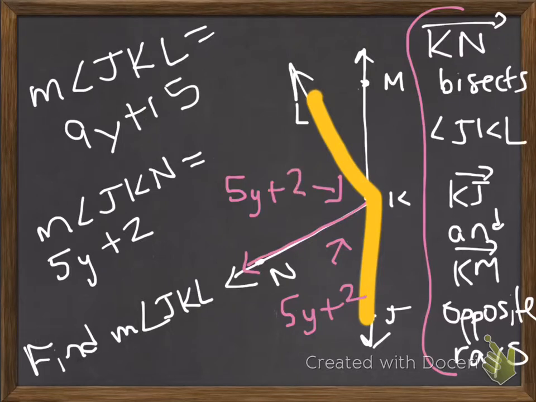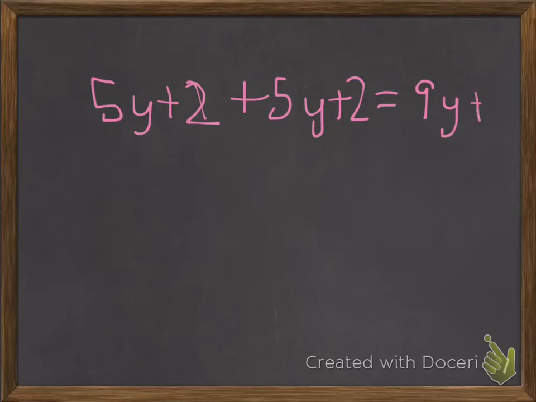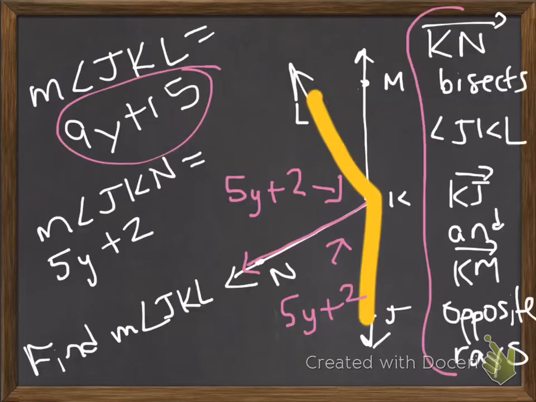And if we know that those two add up to equal the total, which is 9y plus 15, that's how you're going to solve for y. So let's set that up. We're going to put 5y plus 2 plus 5y plus 2 equals the total angle, 9y plus 15.